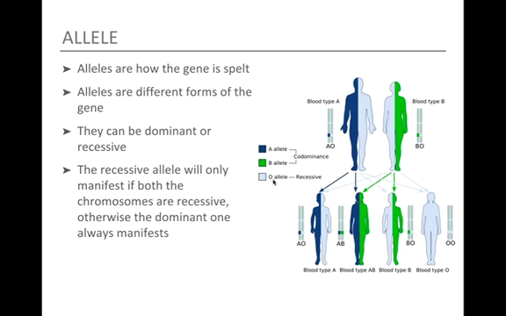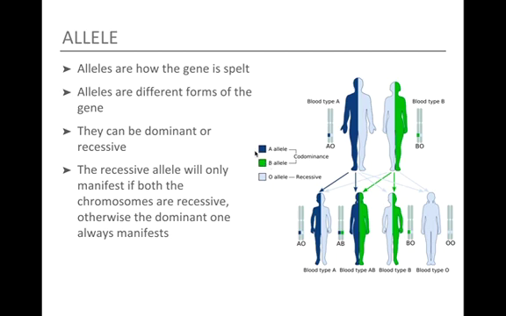That means that when it's combined with A or B, it is A or B that is manifested. So let's say my father is an O blood type and my mother is an A. That would mean that the O, which is recessive, is not the allele that becomes manifested in me. Rather, it would be A that is manifested. So my blood type now would be A.